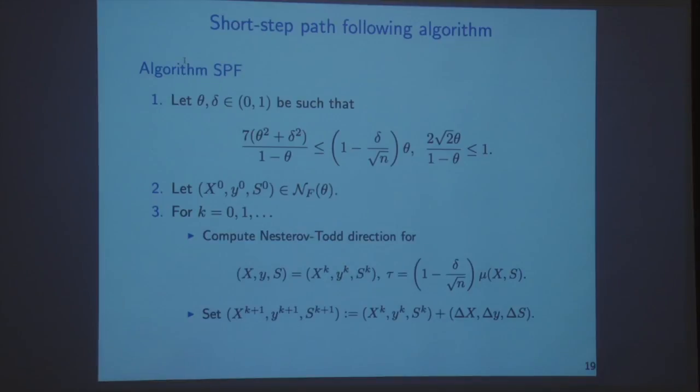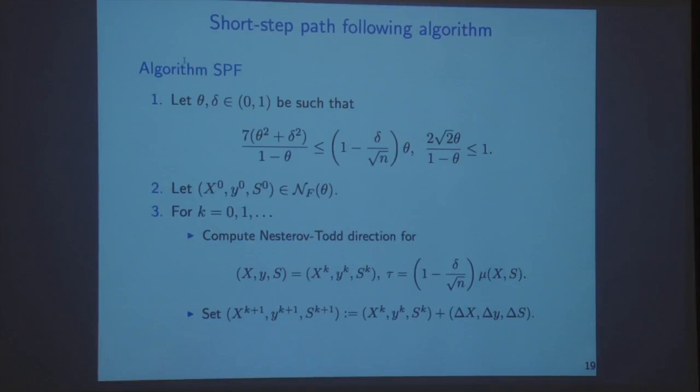One of them defines how close we stay to the central path. The other one defines how fast we decrease tau. And then, we start with an initial point that is in the neighborhood of the central path. At each point, we update with something that is like a Newton step. Okay? It's a Newton step.